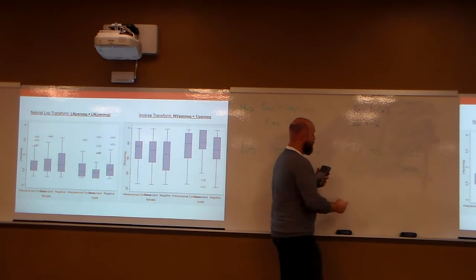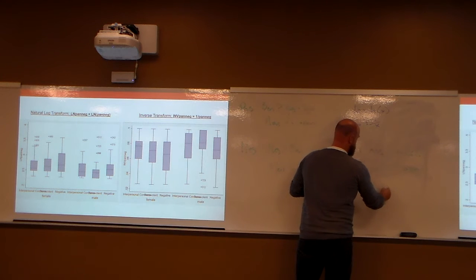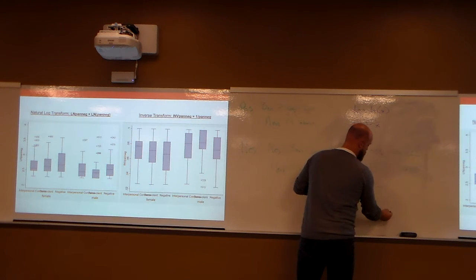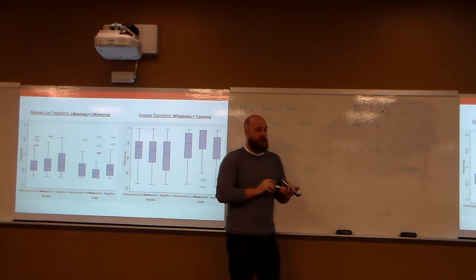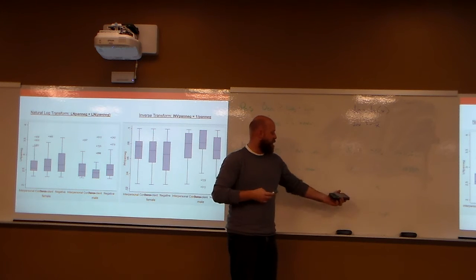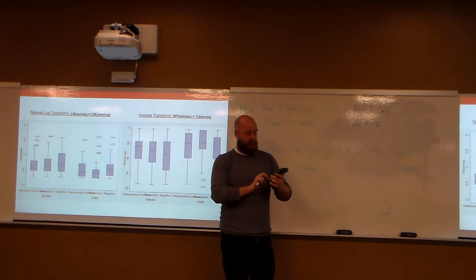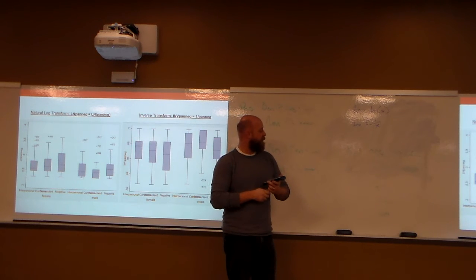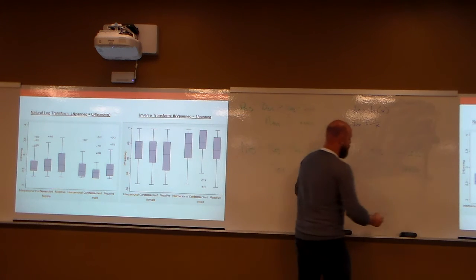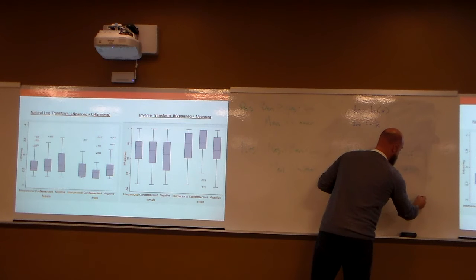But if I take 0.010 minus 0.006, I get 0.004, right? So that's saying that the difference between my transformed variable is 0.004. If I take 0.004 and inverse that, that's a value of 250, right?